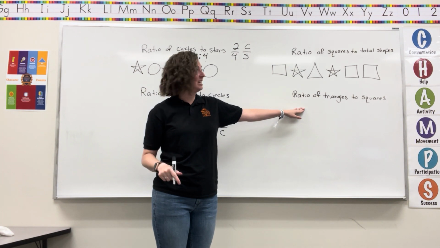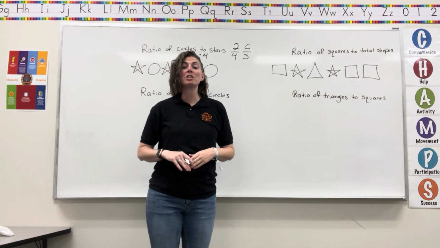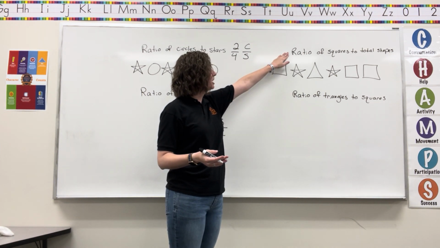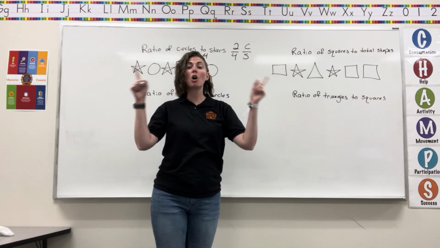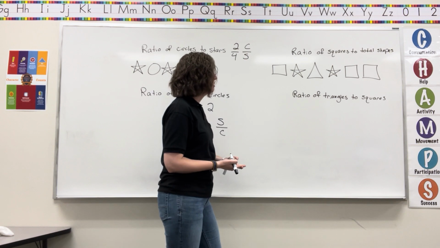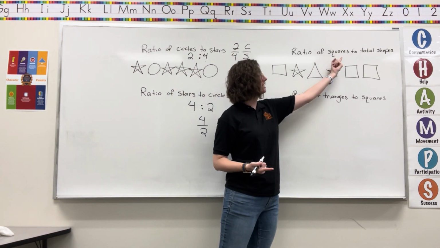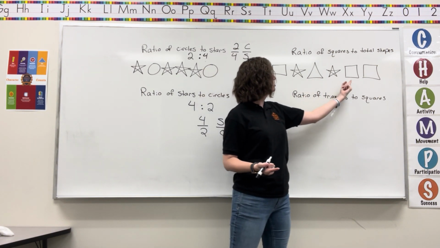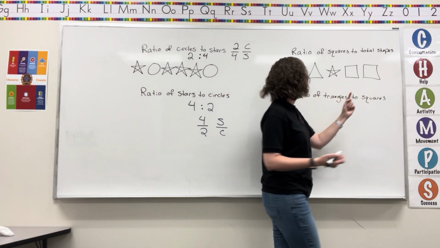Let's look at another example. Sometimes it's going to ask you for the total amount of things that are there. We're looking for now the ratio of squares to total shapes. So first I'm going to count my squares because that is the first thing that they're asking for. I have 1, 2, 3 squares.